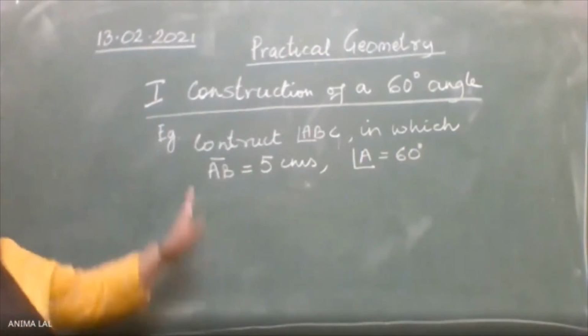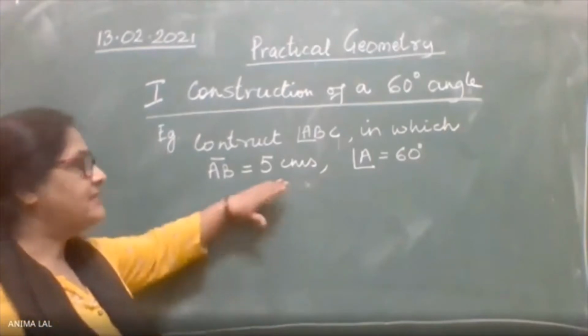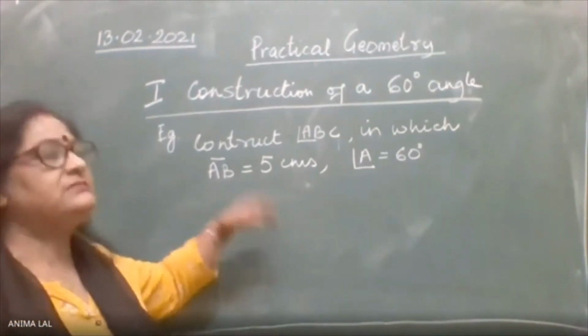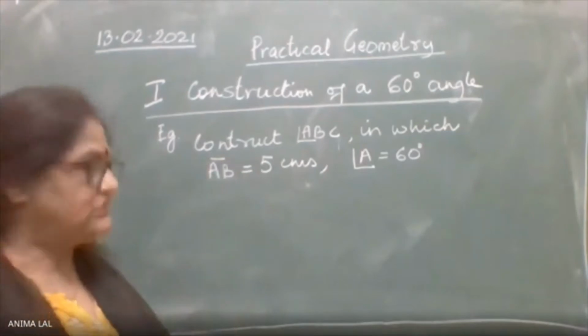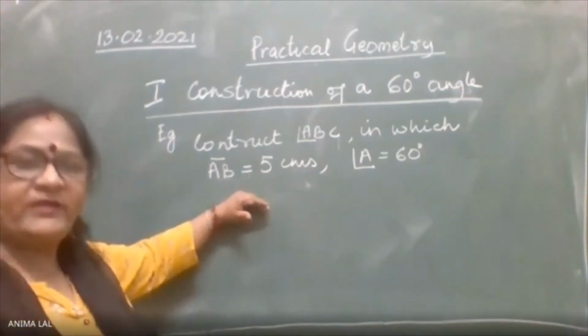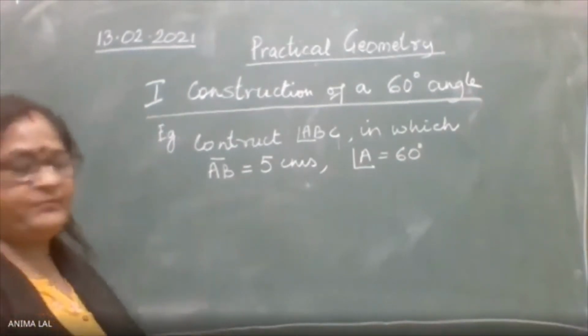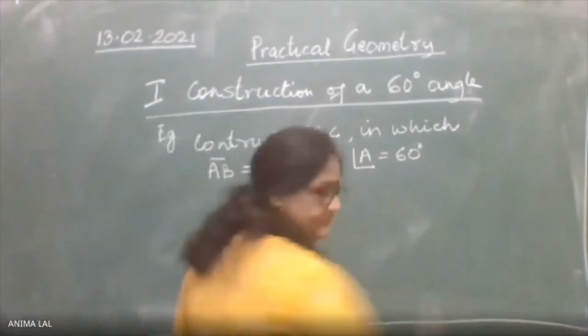Question will be in this form. Okay. Now, as I'm doing it, I will give you the steps also. Right. When we are constructing any figure in geometry, our first step, I'm writing the steps here at this point.